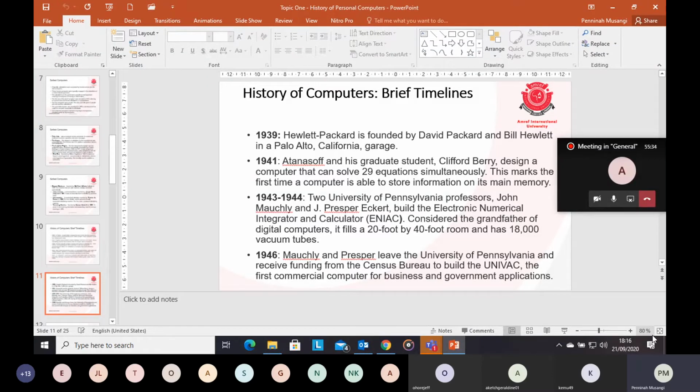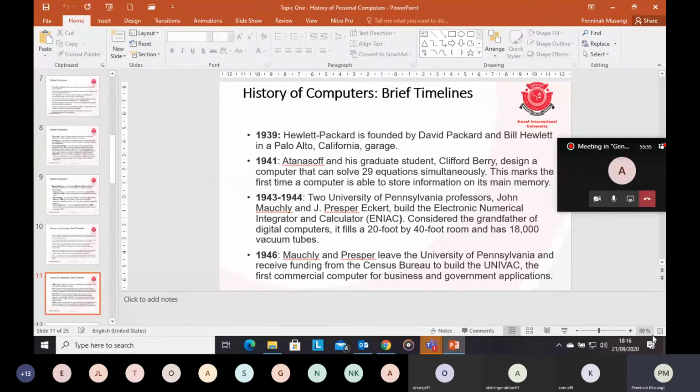And in 1946, the same professors left the University of Pennsylvania, and they got funding from the Census Bureau in the US to build the second version of ENIAC, and they called it the UNIVAC.